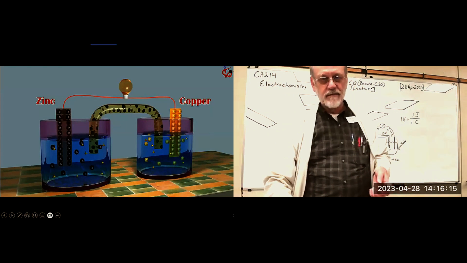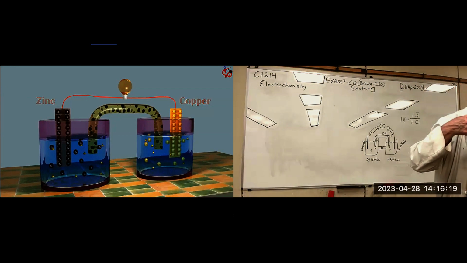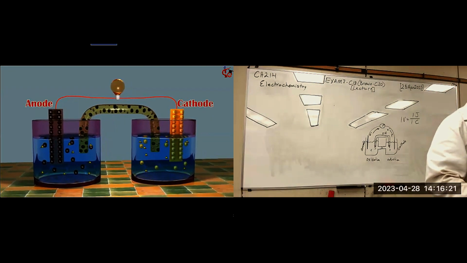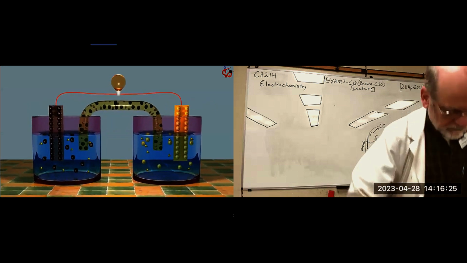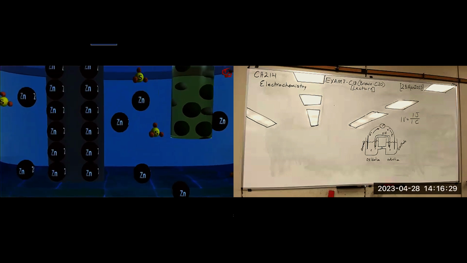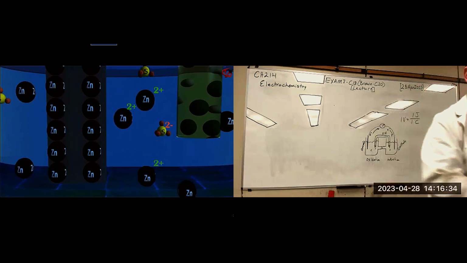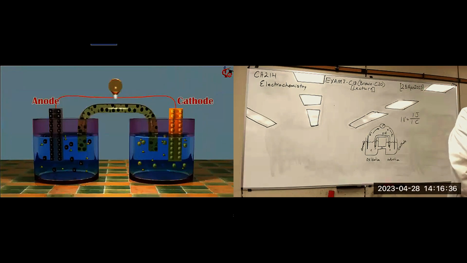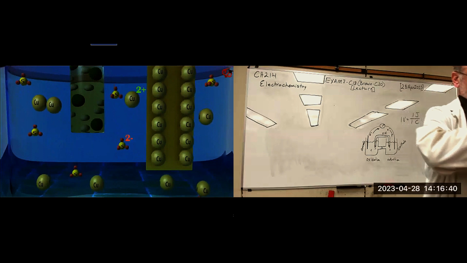A useful galvanic cell can be constructed by using zinc and copper. The anode is a zinc bar placed into a zinc sulfate solution. Cathode is a copper bar placed into a copper 2 sulfate solution.